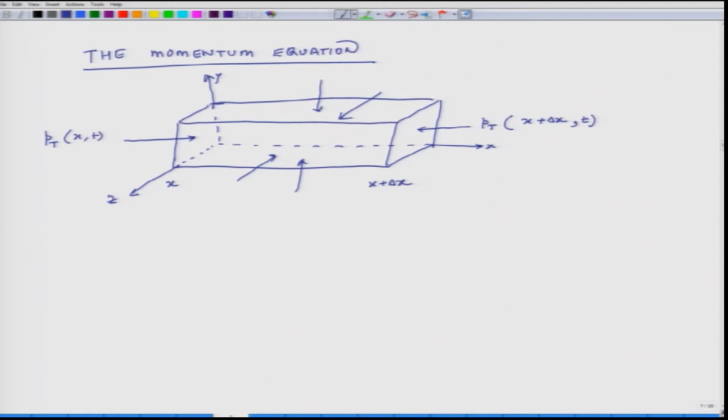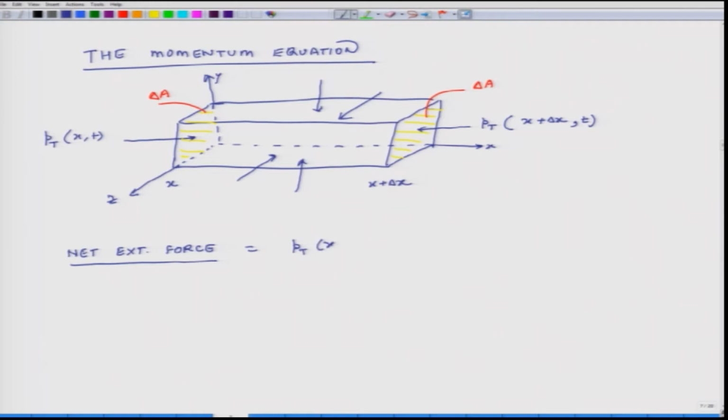The other thing we say is that this cross sectional area is delta A. So, the net external force on this fluid element is equal to what?